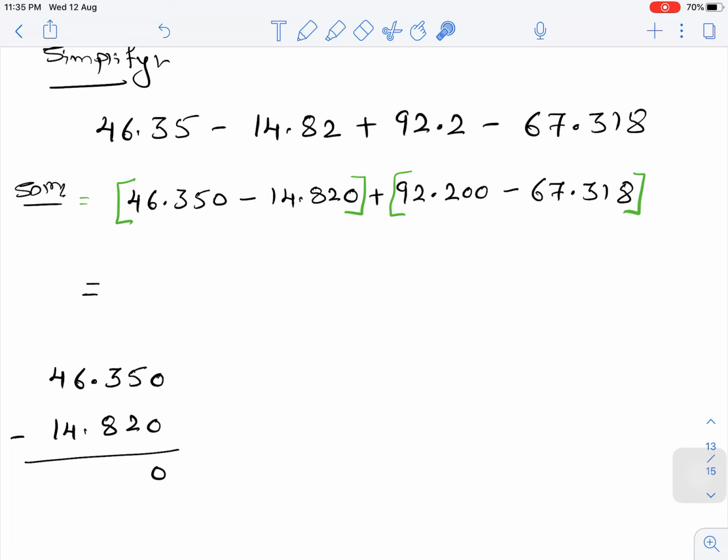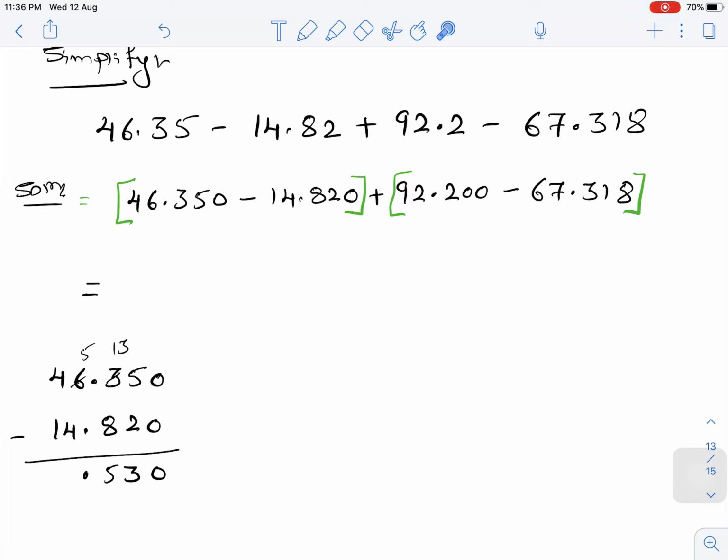The next one, 5 minus 2, so that is 3. The next one, this 8 cannot be subtracted from this 3, so this 3 will become 13, this will become 5. So now 13 minus 8, so that is 5.